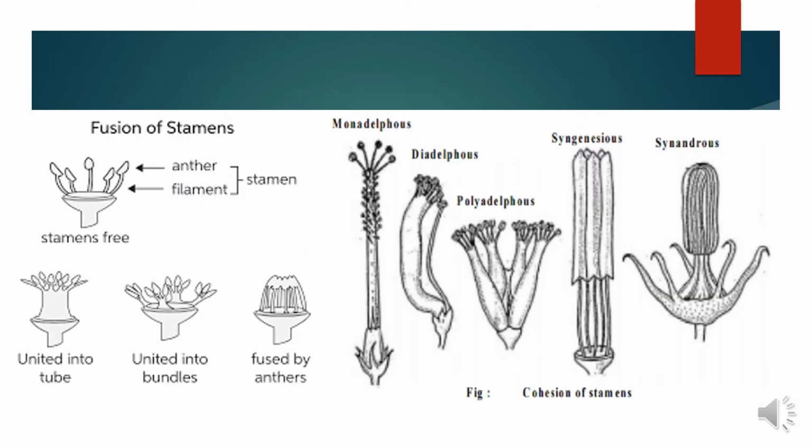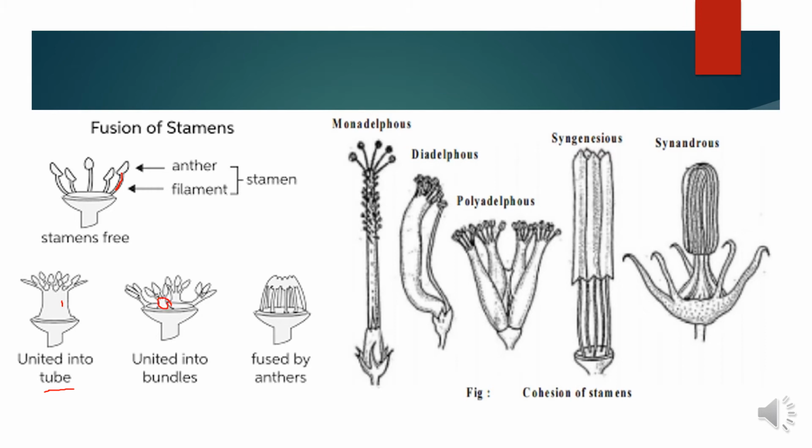So we see that these are the various ways by which the stamens are attached. They can be free from one another, or they can be united. Here the filament portion is free, but here we see that the filaments are united into a tube, or a few filaments unite into a tube.